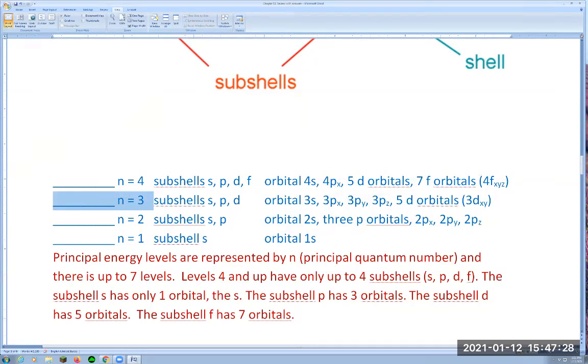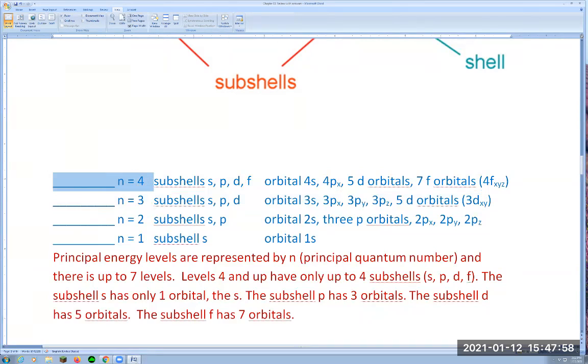And then there are 5 d orbitals. For example, there is the 3dxy, 3dxz, 3dyz, etc. So in the third shell, that means you have 1, 2, 3, 4 plus 5, 9 orbitals, right? So 9 orbitals in the third shell, 3 subshells and 9 orbitals.